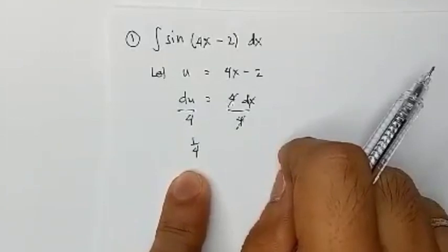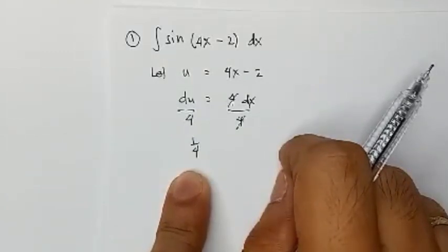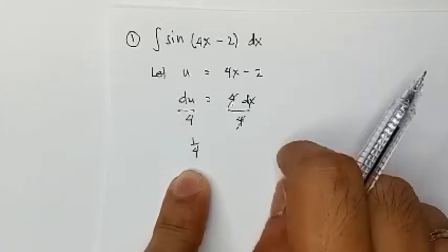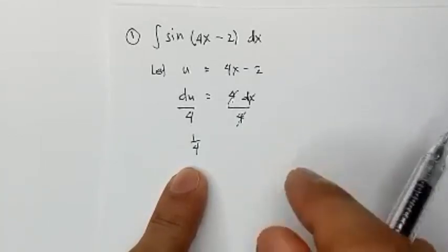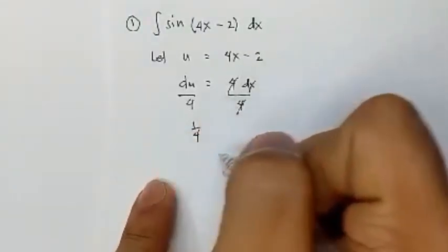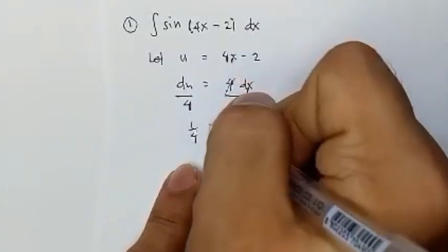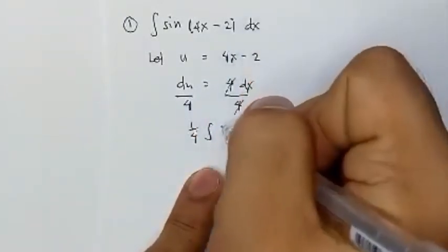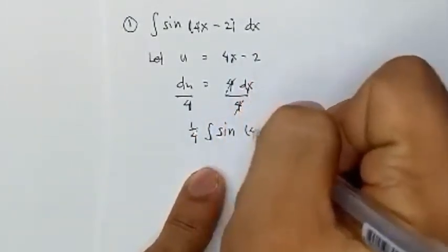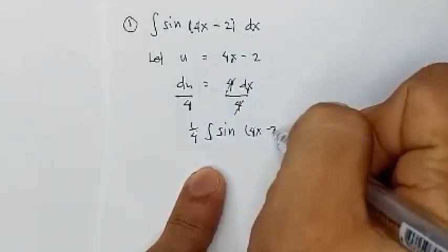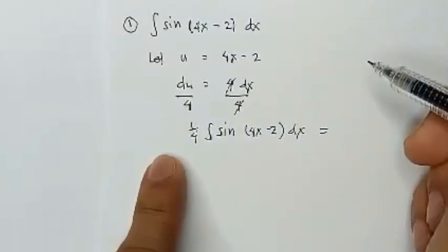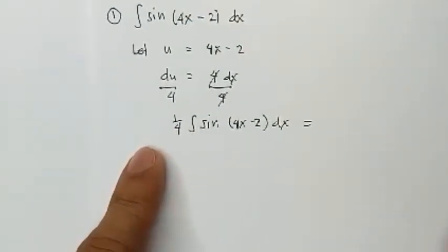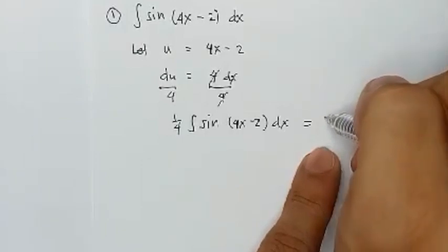So therefore, our integrating factor here is 1/4. This integrating factor is needed for us because the value of the derivative of the function of sine is not exactly the same as dx. So the next step we are going to do is 1/4 times the indefinite integral of sine quantity 4x minus 2 dx equals, of course, this 1/4 now is already separated from the integral sign.